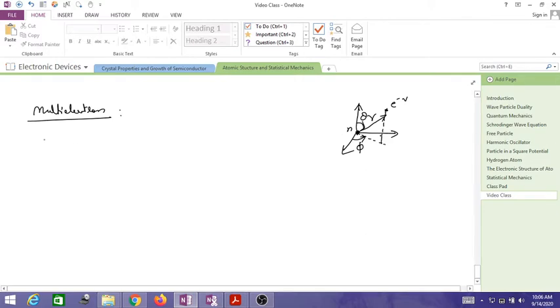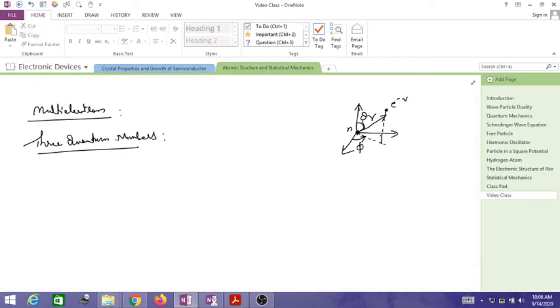To represent these electrons, we need three quantum numbers. The Schrödinger approach requires the three quantum numbers, that is n, l and ml, to specify the wave function of the electron.